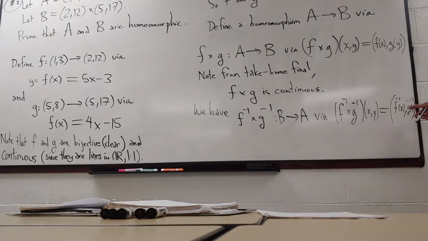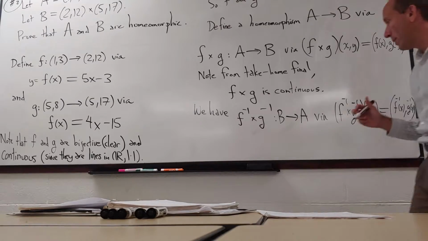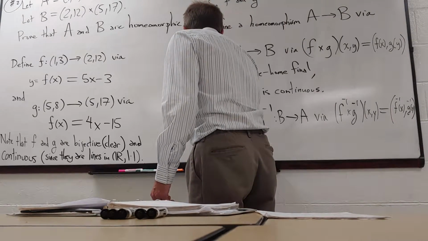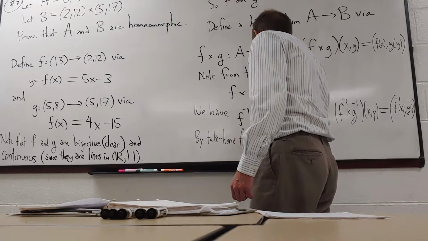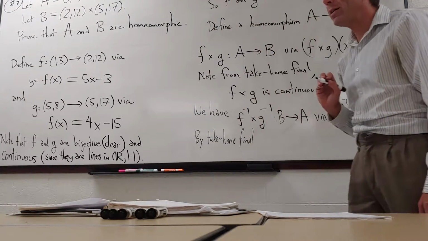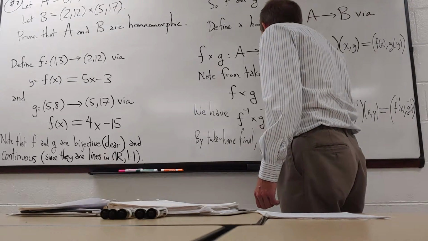So when you compose this with the original F cross G, you're going to get the identity map in either direction. Okay? So by the take-home test again, which I won't go into the details of, but by the take-home final, this is also continuous.